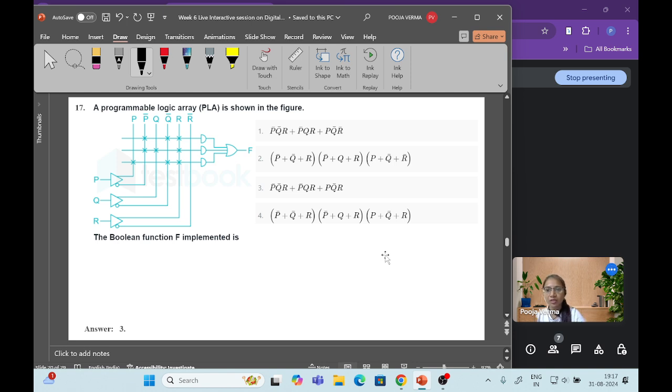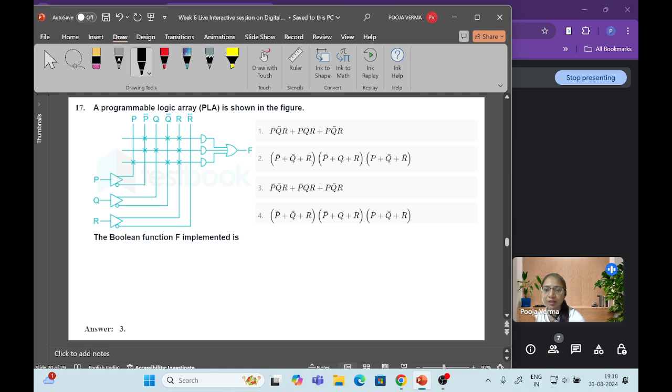So the next question is, a programmable logic array PLA is shown in the figure. Which Boolean function f is implemented? From the options, which option is correct? So first we check the AND gates.